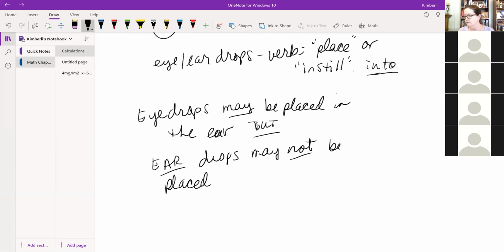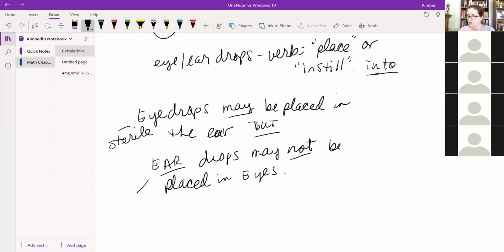Why? It might have some different type of chemical that can hurt your eye. Is it thicker, oily? There's those considerations. What's the other thing? Remember how we said you don't want to touch the dropper to your eye because it can contaminate the bottle? Eye drops have to be sterile when they're first made.